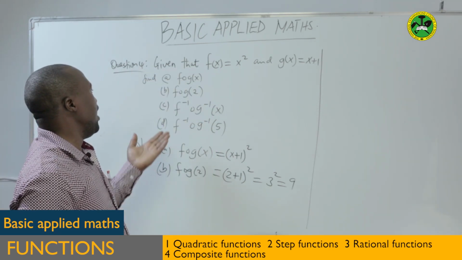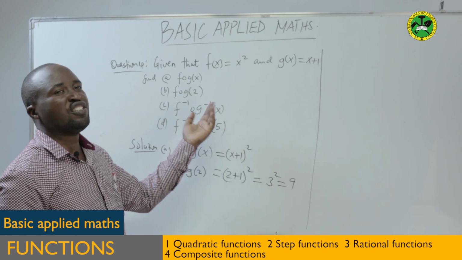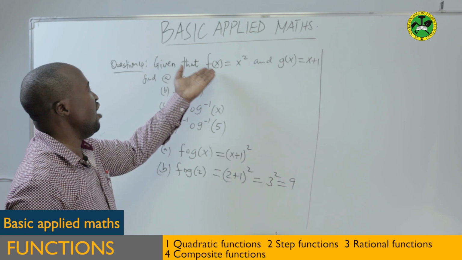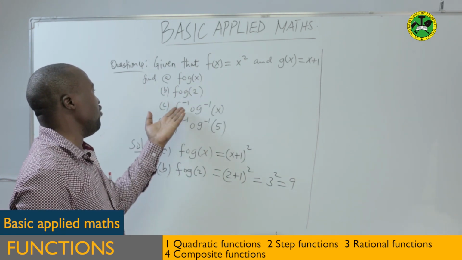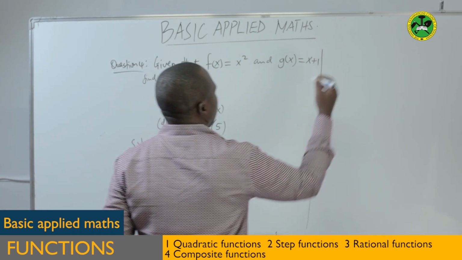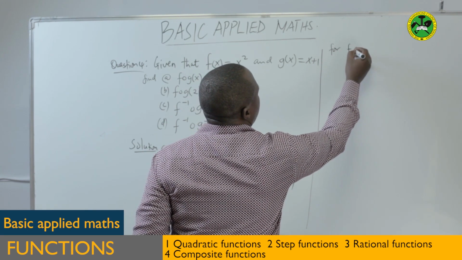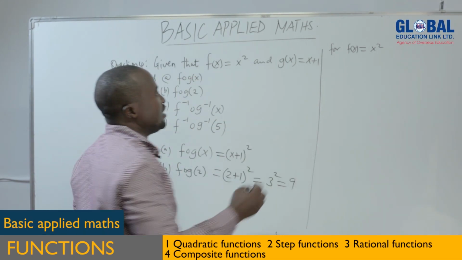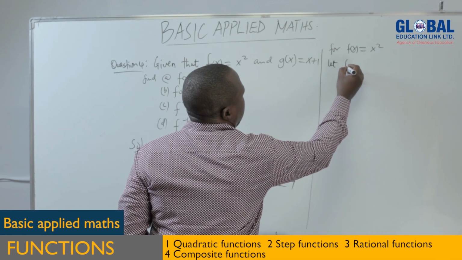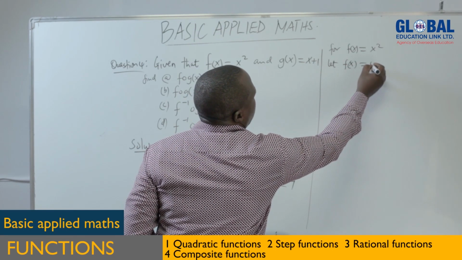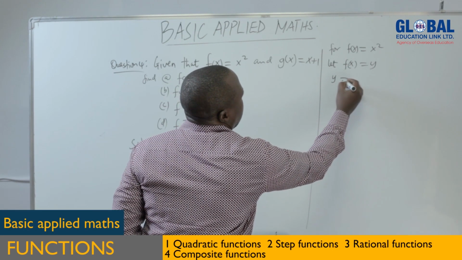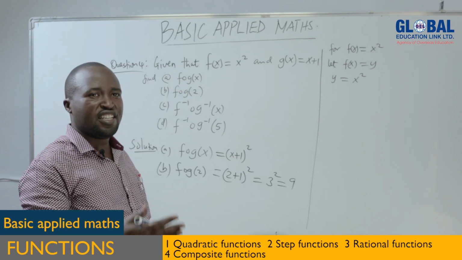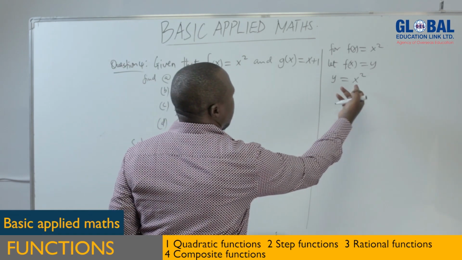C says f inverse of g inverse of x. Starting with the f inverse, because here we have f of x, we don't have f inverse of x. For f of x equal to x squared, we let f of x equal to y. So y is equal to x squared. Now step 1, we exchange variables. Here we have two variables, y and x.